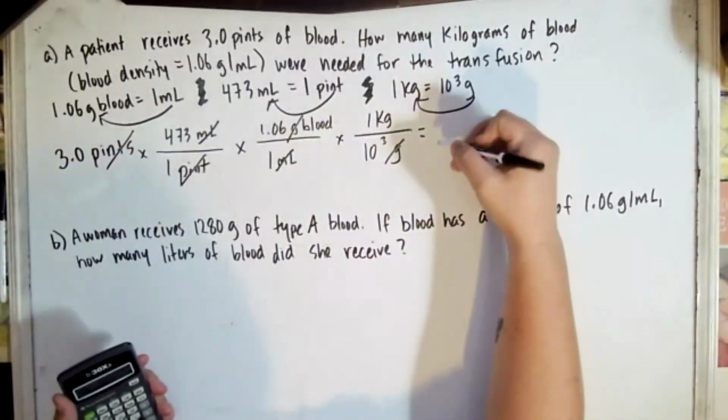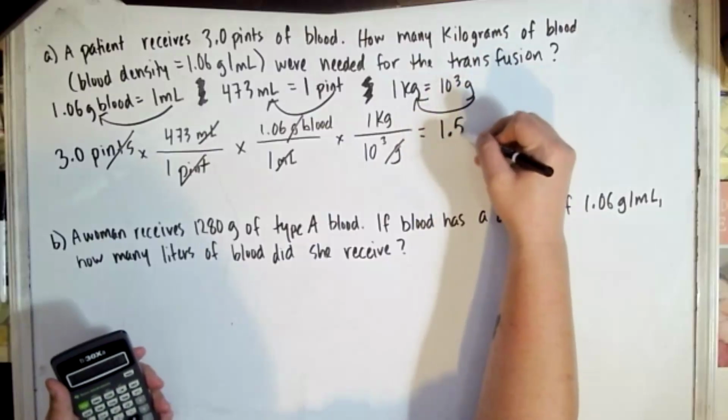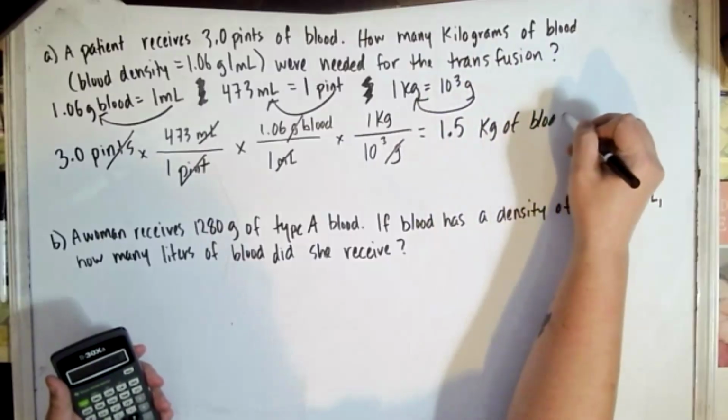And we end up with, we're going to keep 2 significant figures here. So 1.5 kilograms of blood.